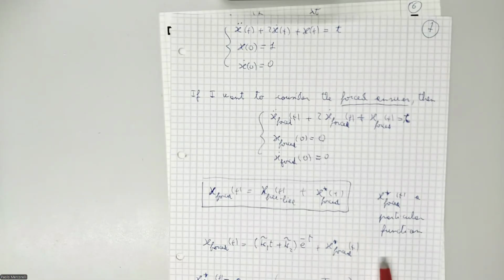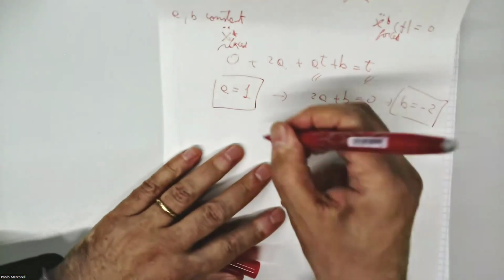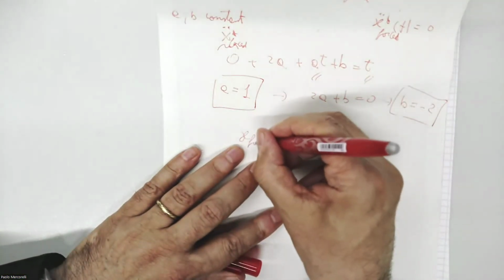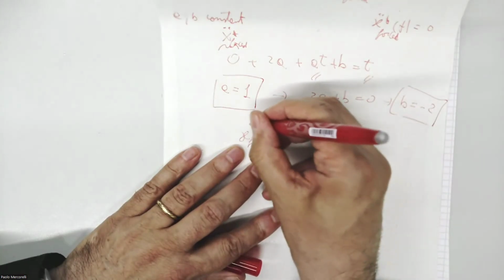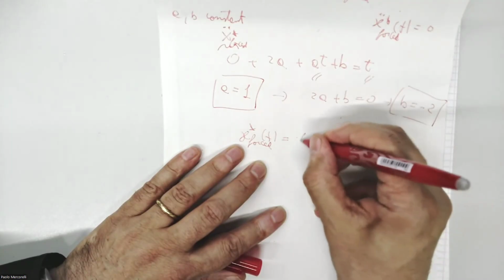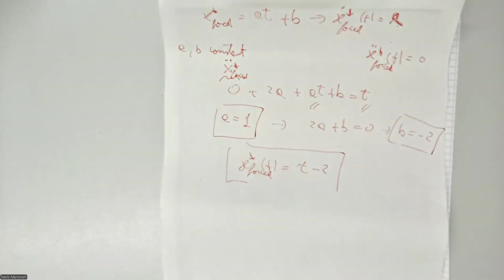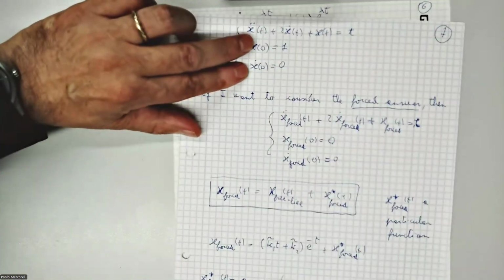This is known. This is known. What is this expression here? Of course, everything is in function of K1 tilde and K2 tilde, but can be calculated with these two conditions. Okay.